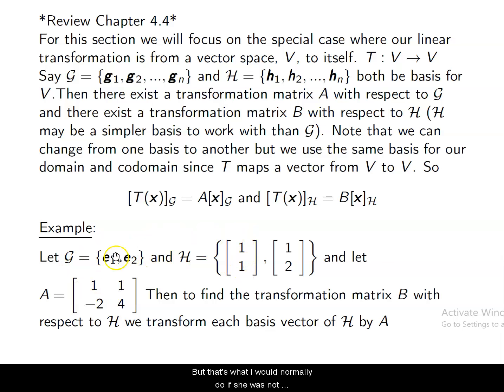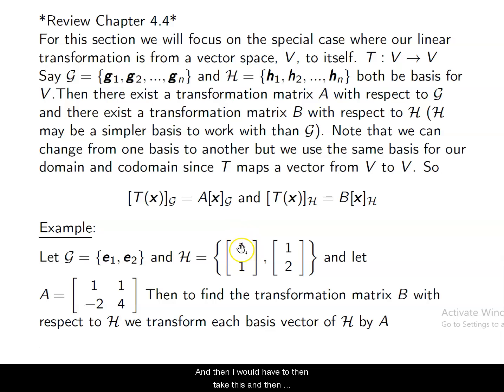If G was not the standard basis, I would have written this in terms of whatever the basis G was. And once this is now a vector in terms of G, I can multiply it times the transformation matrix I have, which will give me out the transformation column vector for the first or second vector or what have you for B that I'm trying to find.